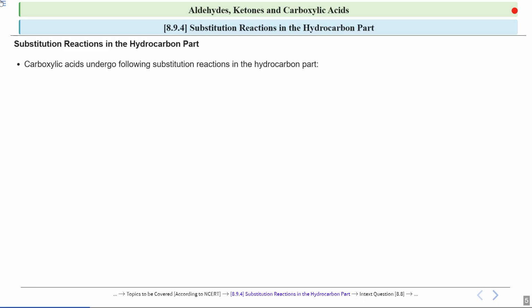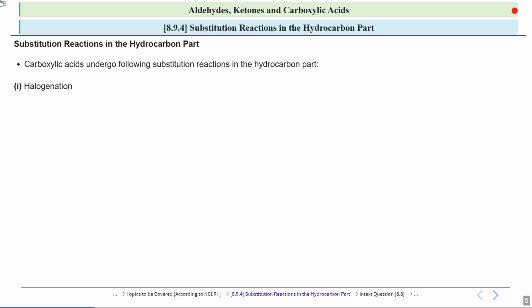So carboxylic acids can undergo different substitution reactions in their hydrocarbon part. This means that part of the carbon chain, not just the functional group, can be changed by replacing atoms or groups. So the first type is halogenation.